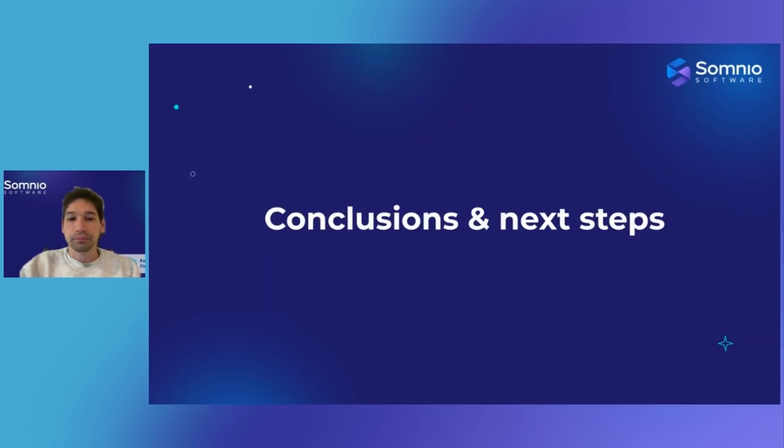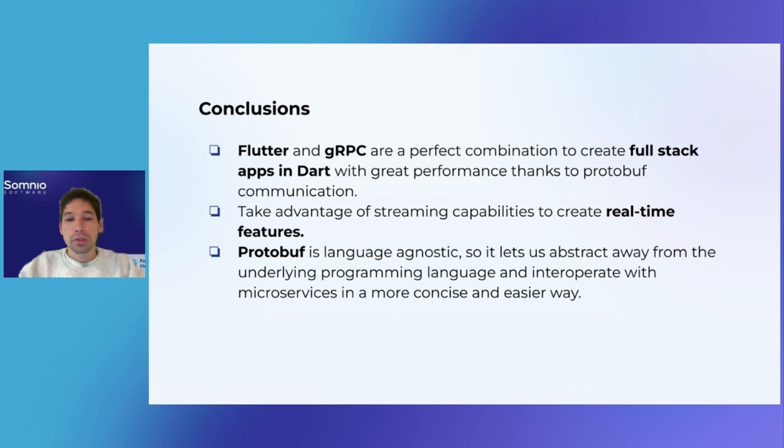Then for the conclusions and the next steps, we're wrapping everything up here. For conclusions, I wanted to say that Flutter and gRPC are a perfect combination to create full stack apps in Dart with great performance, thanks to the protobuf communication that we explained. So this is a really nice combo that you can use for building full stack apps. For example, real-time features.